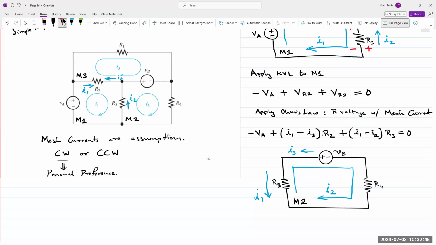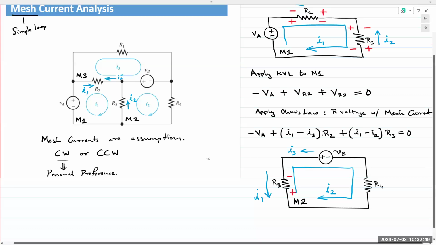So where are my voltage drops now? I got a plus here, a minus here, plus up top for R4, minus at the bottom. And then R3 is shared. And so we got a plus and a minus due to I1.